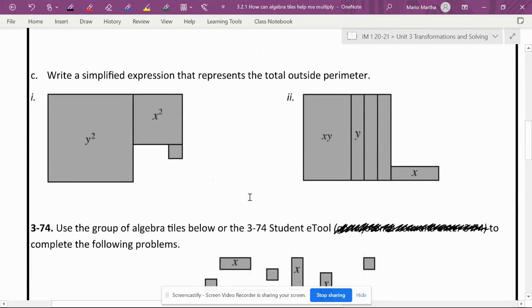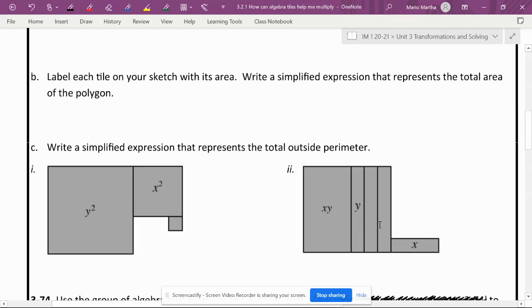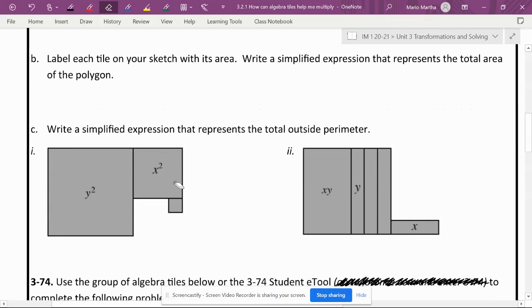So let's first look at the area of the first shape here at the bottom. This one has y squared right here. If you were to put carpet in a room, you would be looking at the area, how many square feet I would need.